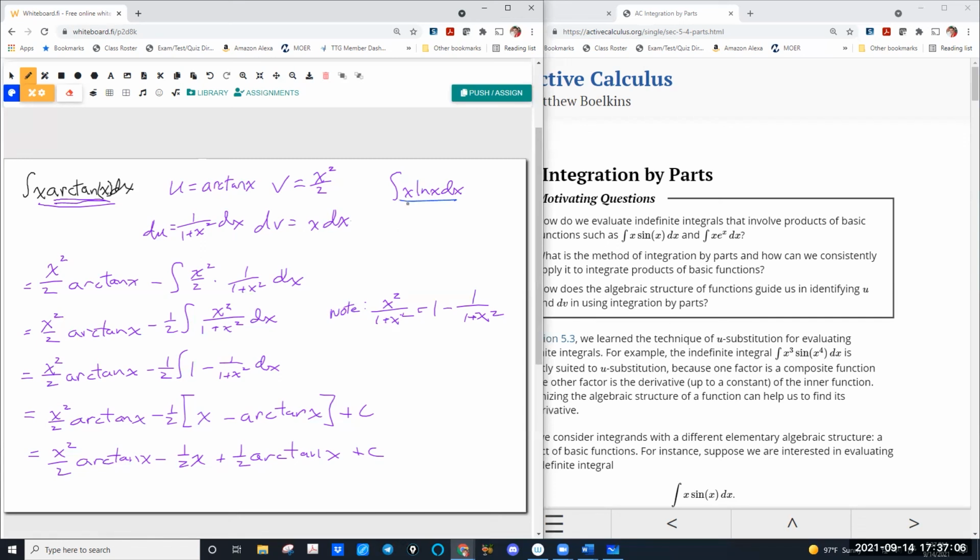But if we were doing this guy right here, just as an example, our u would be ln of x, and our dv would be x dx, okay? And then we would go from there. du is 1 over x dx, v is x squared over 2. And then we just follow the same procedure, okay?